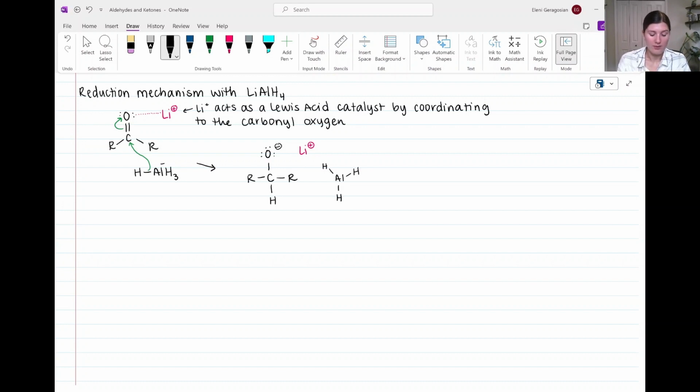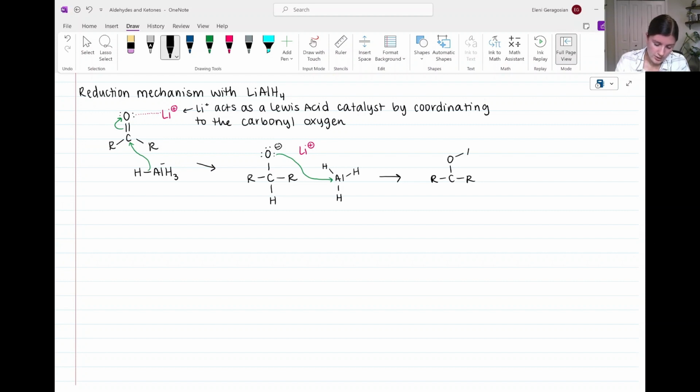The carbonyl oxygen, this negatively charged oxygen, will bond to the aluminum. This forms another intermediate, still tetrahedral as it is in the past step.